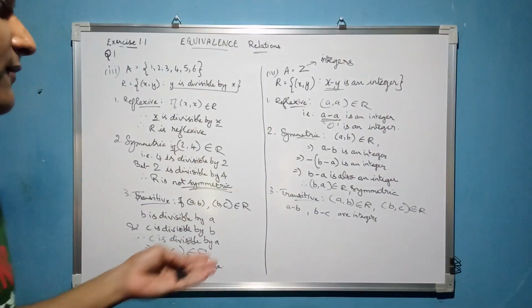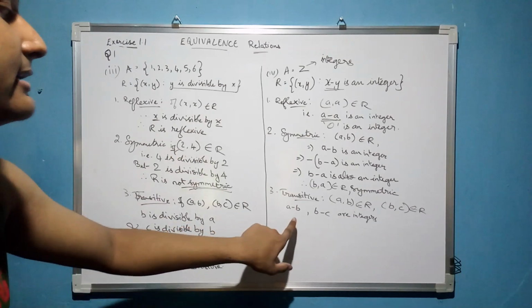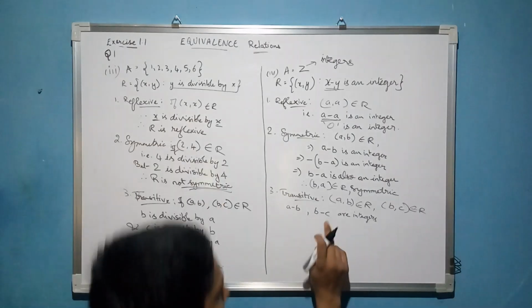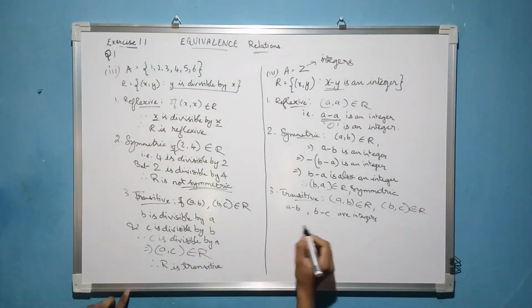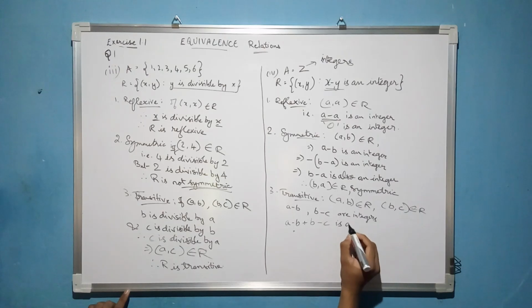Another property of the closure of integers is that the addition of two integers is also an integer. So if I add these two, (a minus b) plus (b minus c), that is also an integer.